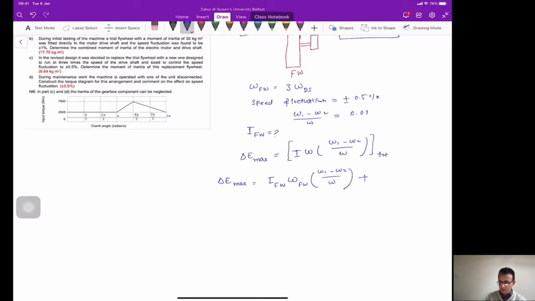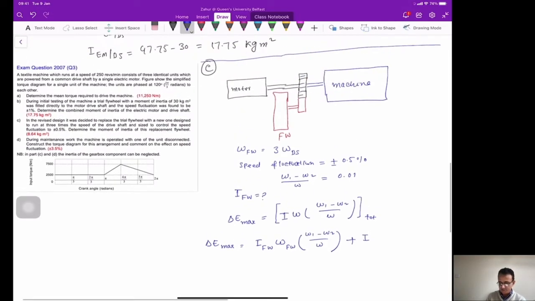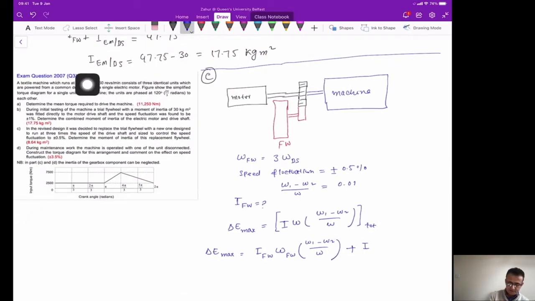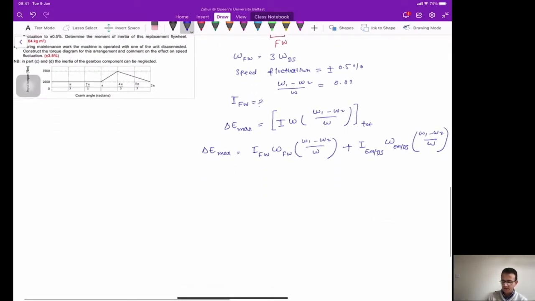And then you will have plus I for the electric motor and drive shaft, which is given as this value here, and then you have omega, again for the electric motor and drive shaft, and then omega 1 minus omega 2 divided by omega. Okay, so now this is the final equation.